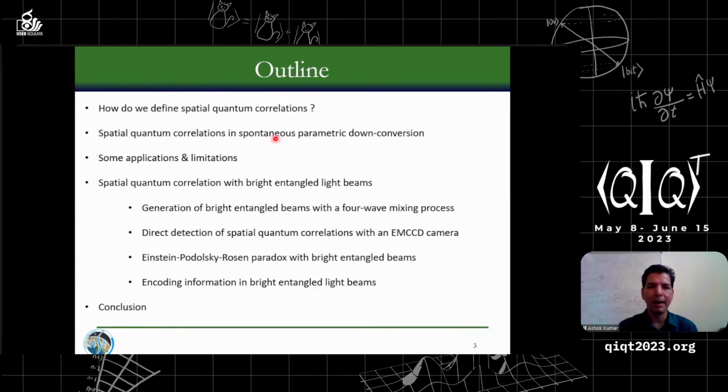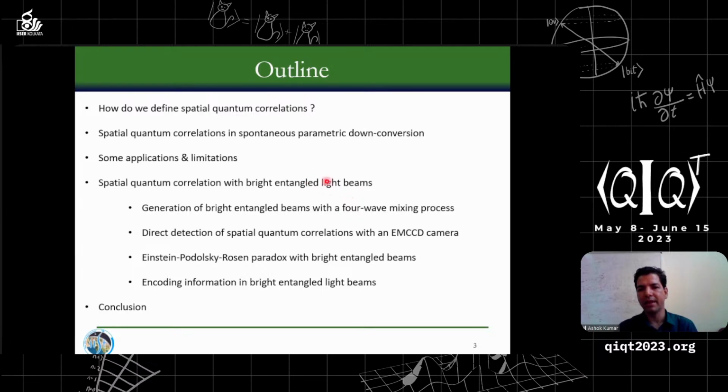First I'll be introducing what we mean by spatial quantum correlations. Then I'll talk about some of the spatial quantum correlation studies that have been done in parametric down conversion, and of course some applications and limitations. And then finally, I'll come to the bright entangled light beams that I work on.